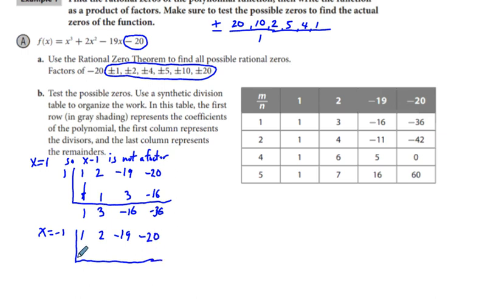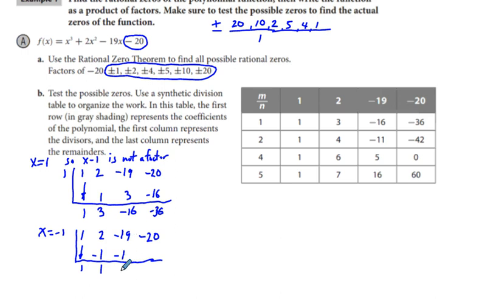And we do the same process, bring down the 1. 1 times 1 is 1. 1 times negative 1, excuse me, that's negative 1. So we add these, 2 plus negative 1 is 1. Negative 1 times 1 is negative 1.